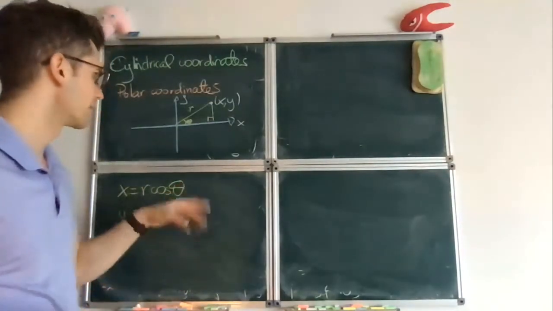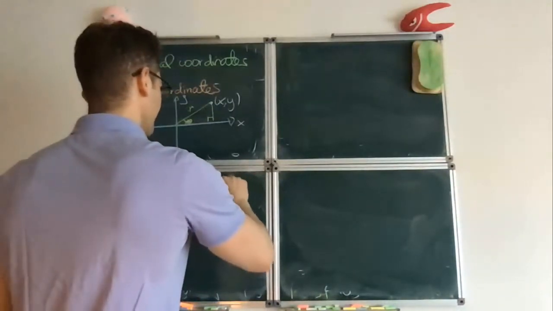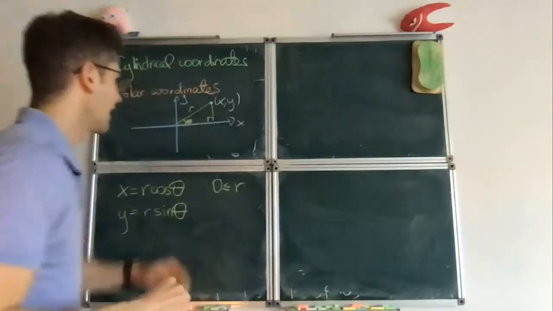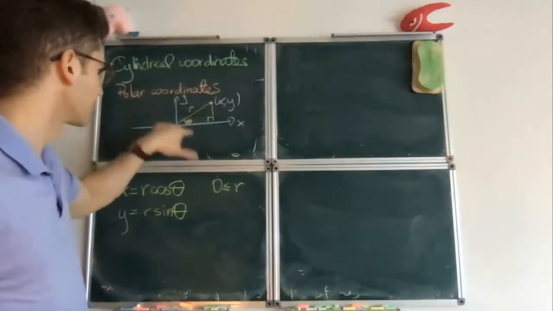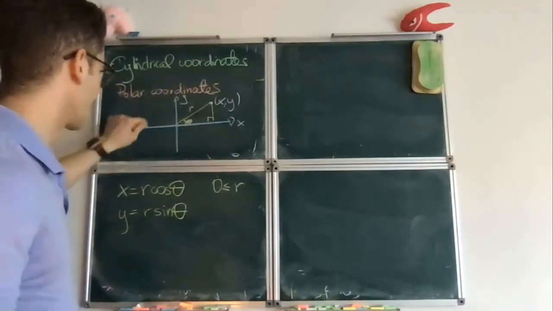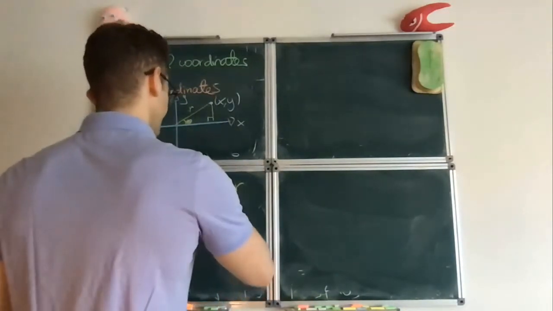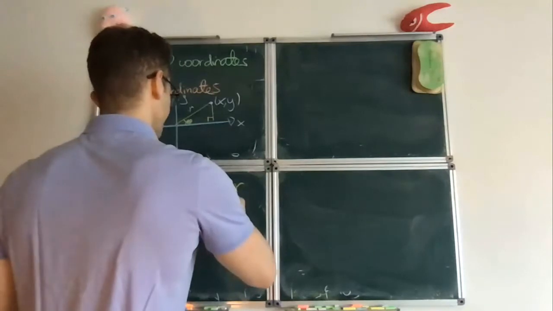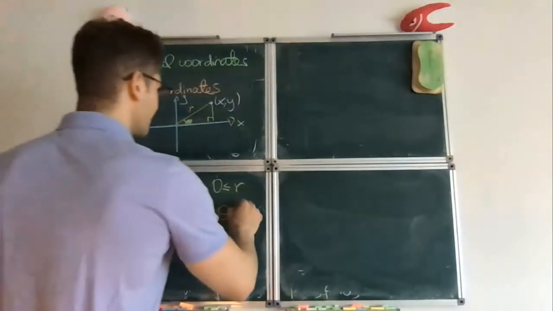You typically think of r as being positive because it denotes a distance, so r is positive. And for the angle, you only need to go a full rotation to encounter any point on the xy plane. So you would say that the angle goes from 0 to 2 pi.